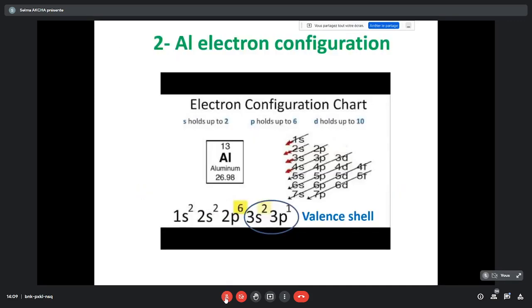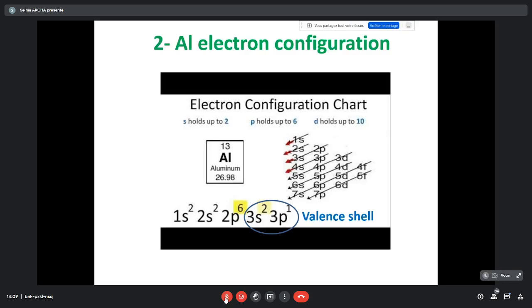Let's go back to the electron configuration. We said it is the group 3A. And actually the group 3A is what we call the group 13 in English. 3A or 13 in English. There is no problem because if aluminium belongs to the group 3A, and the group 13 in English, the elements that come after aluminium will belong to the group 4A.